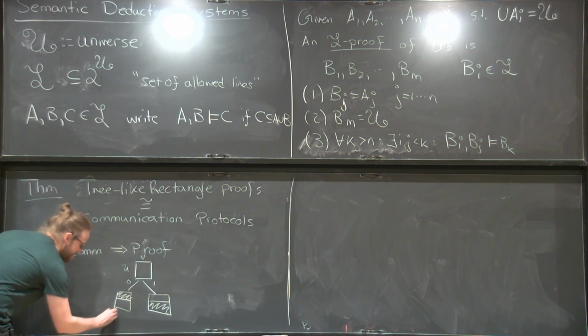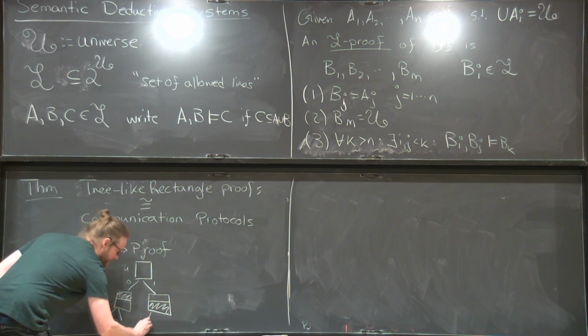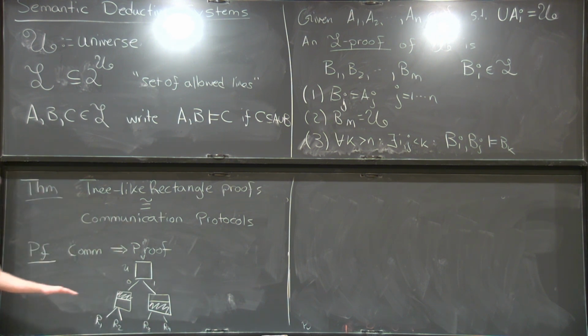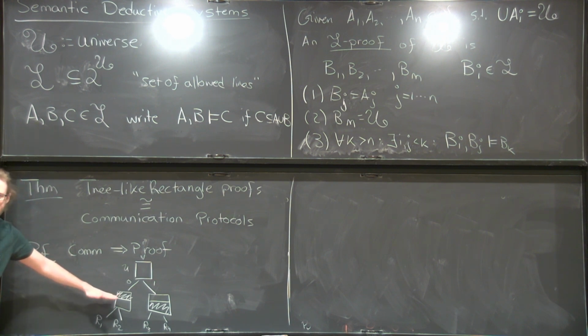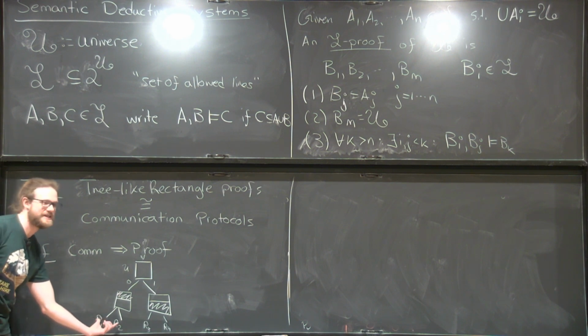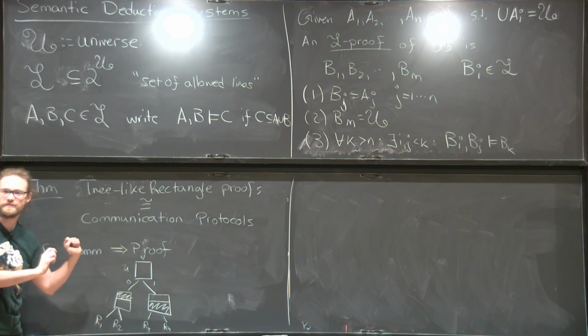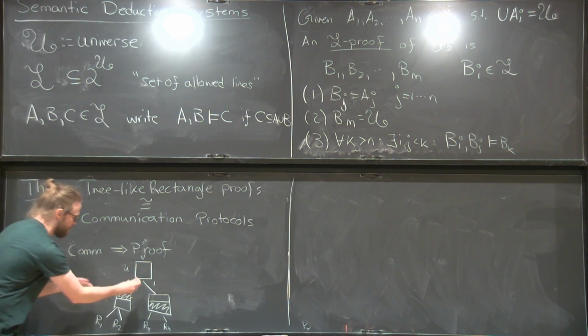At the leaves, all the leaves will be labeled with combinatorial rectangles. These are the input axioms, right? And if I view a communication step from the top down, I can instead view it from the bottom up. I'm just taking two of the rectangles and deducing a new rectangle that is in the union of the two of them, right? That's most easily seen by this step.